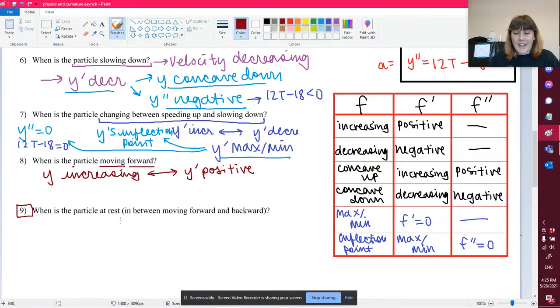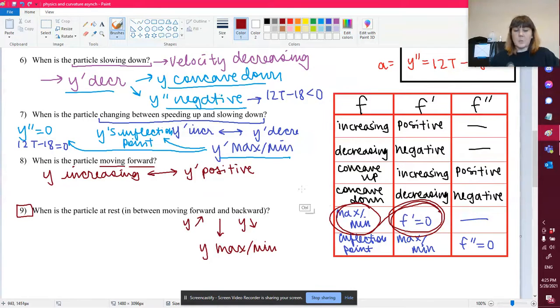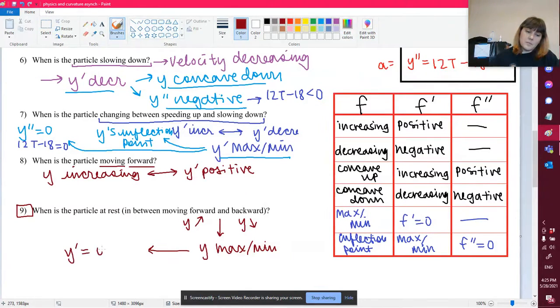When is the particle at rest between moving forward, which is increasing, and moving backwards, which is decreasing? It's in the middle of these when the original function has a max or a min. And the original function has a max or a min when the derivative is equal to 0. And we know what the derivative is. It's 6t squared minus 18t.